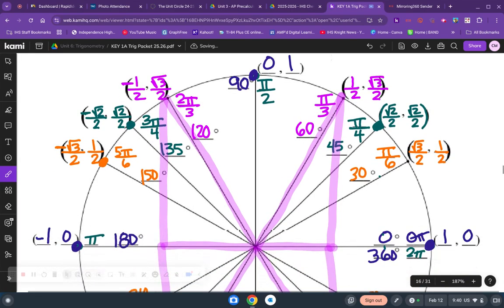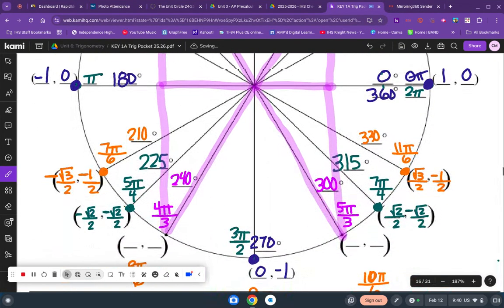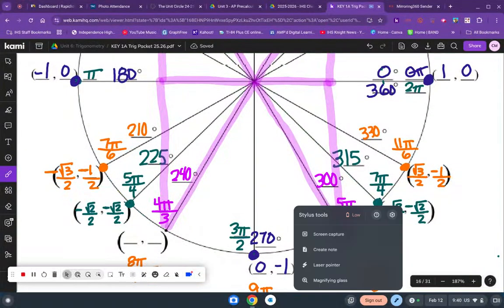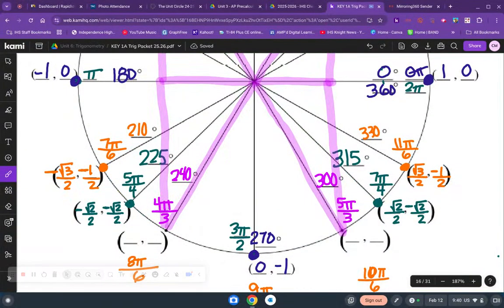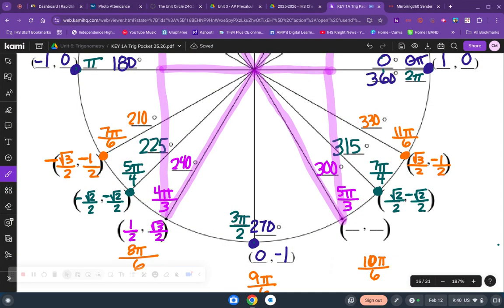Okay. We'll reflect that over the x. So down here at 4 pi over 3, I've got my coordinate 1/2. Root 3 over 2 is the y, and both of them are negative.